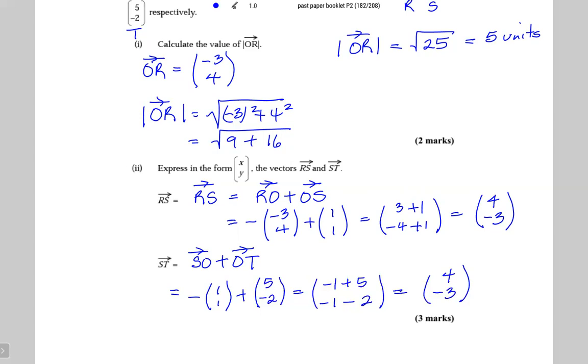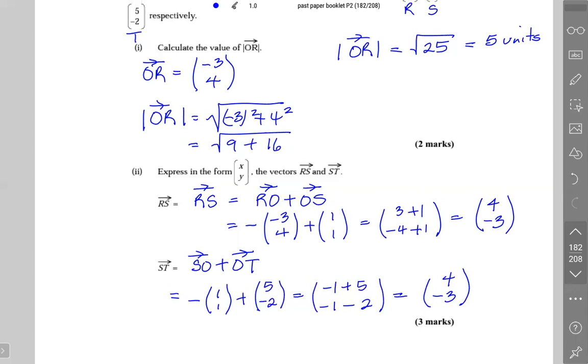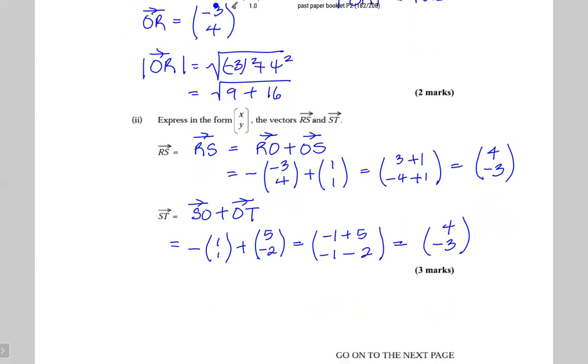So we found RS and ST. Let's see what else we're asked. Using the results of the vectors in part B, I on page 33, justify that RS is parallel to ST and that RST is a straight line.